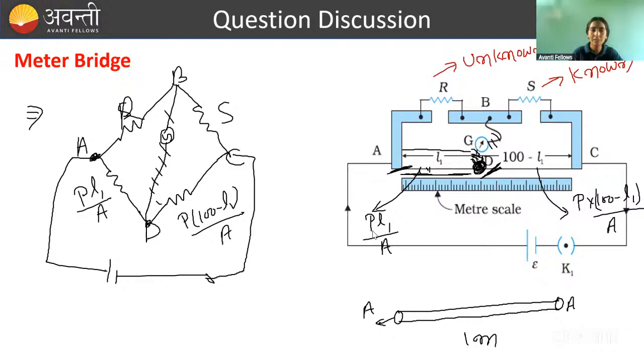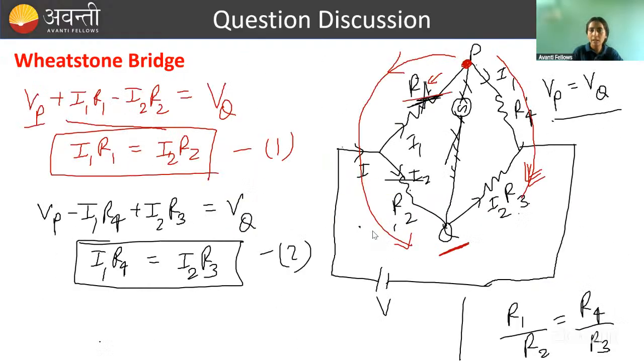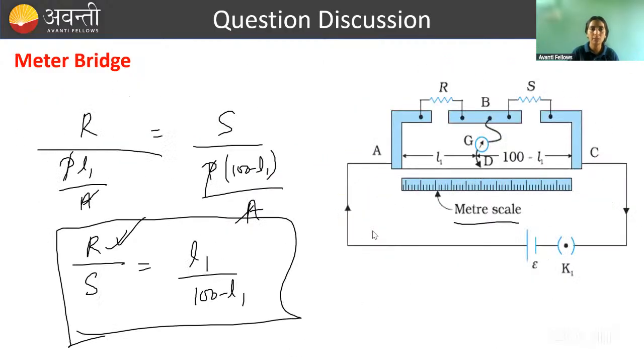And in case of a balanced Wheatstone bridge, just now we studied that R1 by R2 will be equal to R4 by R3. So if you have a balanced Wheatstone bridge, something like this, okay?